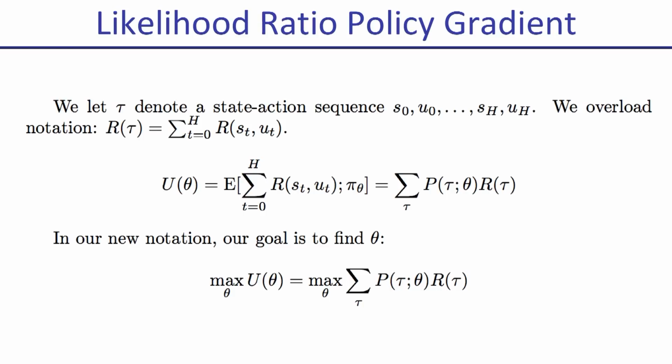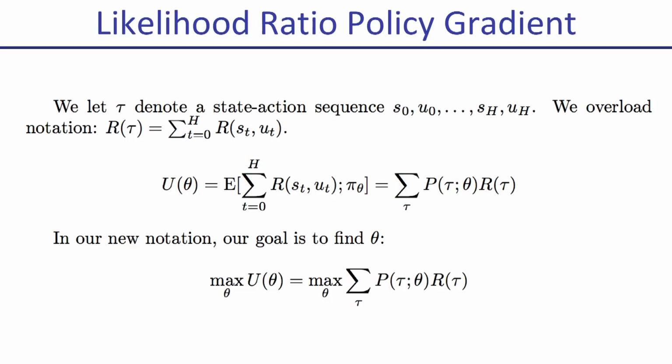The gradient we're going to use is a special kind of gradient, a little different probably from the gradients you're used to. It's called the likelihood ratio gradient, in this case a likelihood ratio policy gradient, and we're going to derive it. So, more new notation. Tau will denote a state action sequence. So state at time 0, action at time 0, and so forth till horizon H. That entire thing we'll call tau. We'll associate reward with the entire trajectory, which is the sum of the individual rewards along the trajectory.